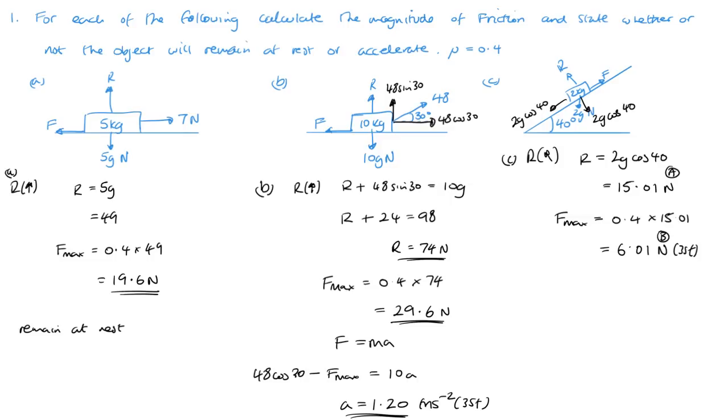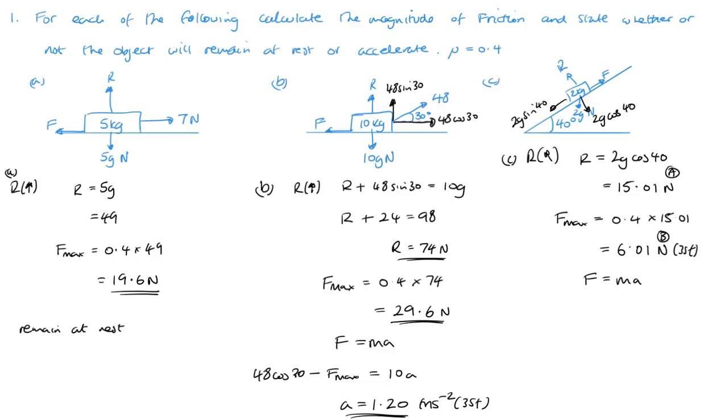Now let's see what's happening. So 2g, oh sorry, this one, I put cos 40, it's sine, isn't it? Sine 40 there. So 2g sine 40 is 12.59 newtons, so it is going to be moving.